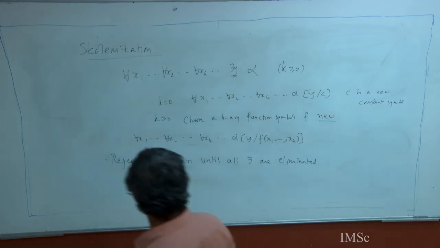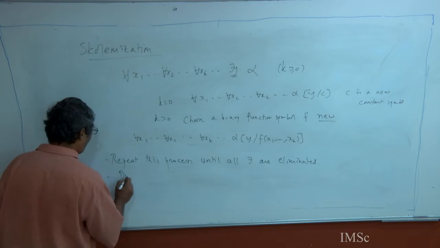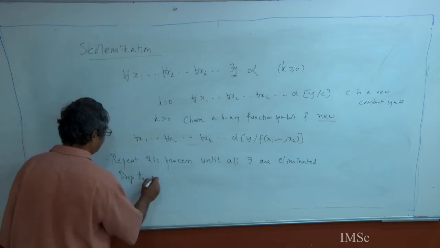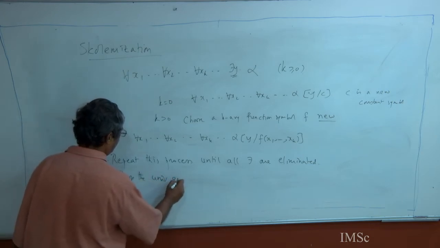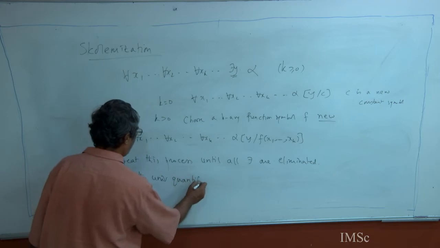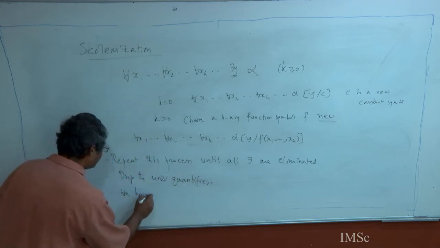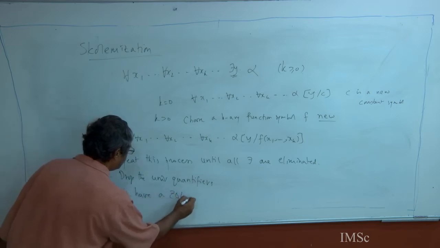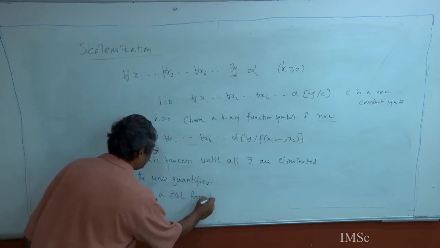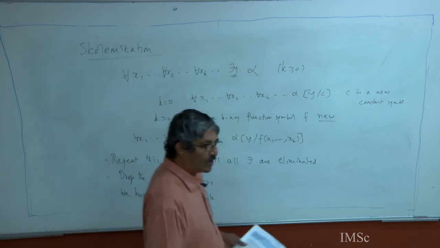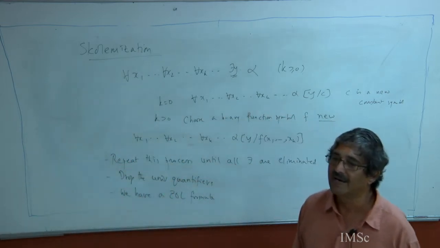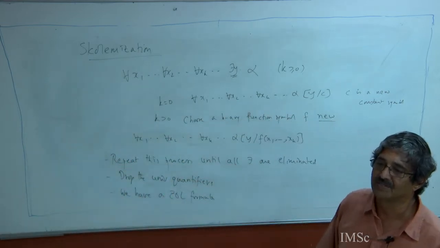Now you have only universal quantifiers. Simply drop them, and we have a Skolem formula. In fact, what you have is a zeroth order logic formula.